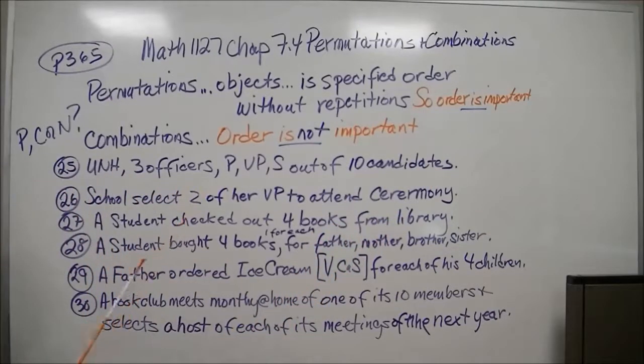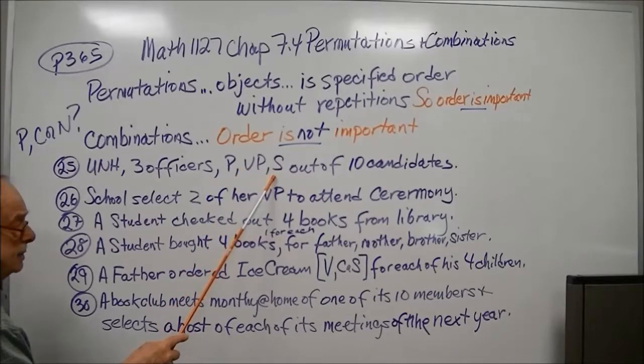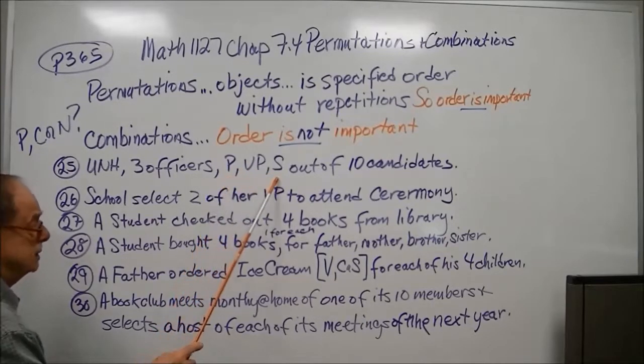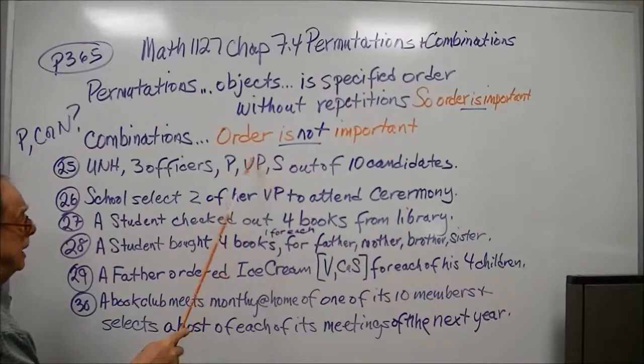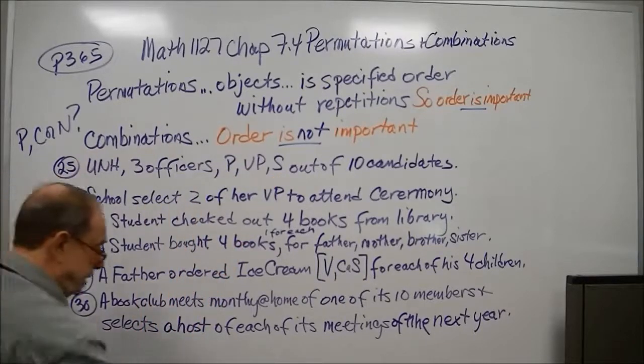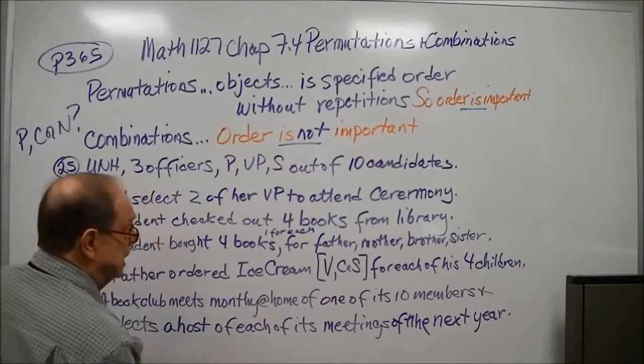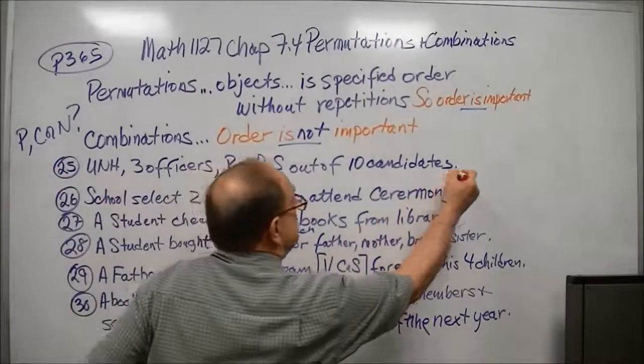Now, what is this? Well, you're going to select the president first, and then that eliminates that person, then a vice president, and then a secretary. So the order is important here. And this is a permutation.